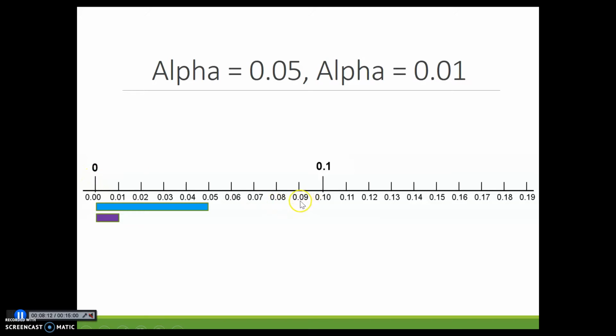So watch the zeros and watch where they are. 0.1 is quite large, 0.01 is quite small. So this is bigger than this, in which case I would fail to reject a 0.1 if I'm comparing to either one of these. So keep an eye on your decimal.